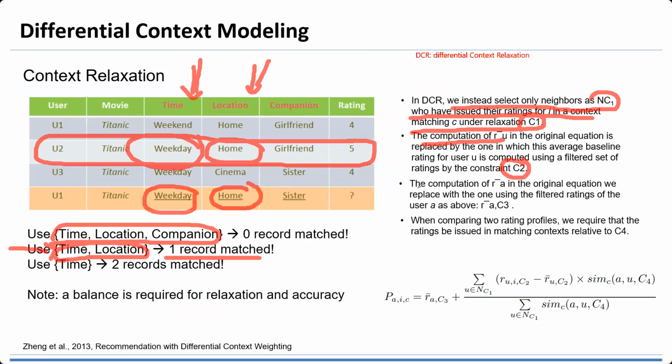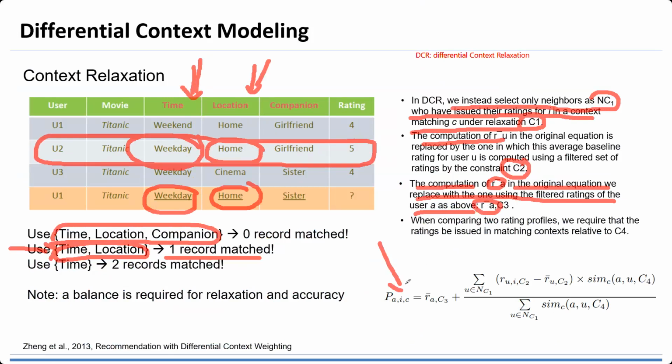And then the computation of R bar A in the original equation, we replace with one using the filtered ratings of the user A as above, or we call this the R bar A.